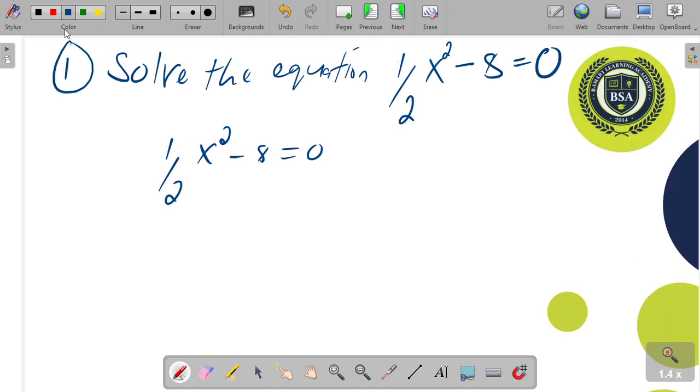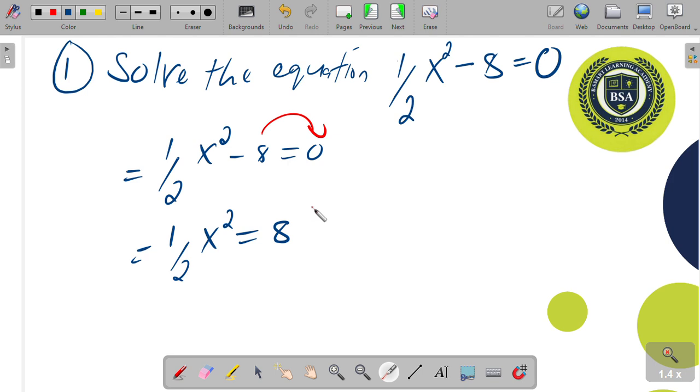So this 8 will move to this side. So (1/2)x² = 8. This 8 has moved to the other side. So we move the constant to the right side.